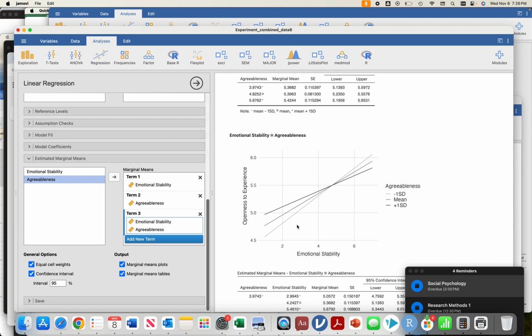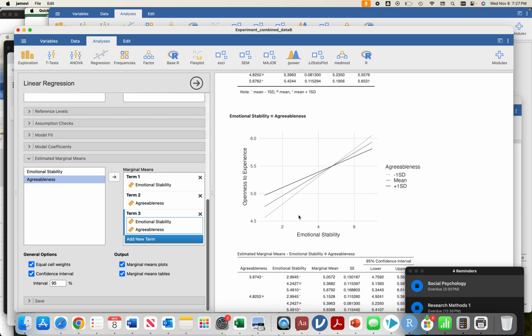And then for our interaction, you've got to look here, minus 1 standard deviation. So that's disagreeable. This little light gray line right here is disagreeable. For disagreeable people, increases in emotional stability drastically increase openness to experience.